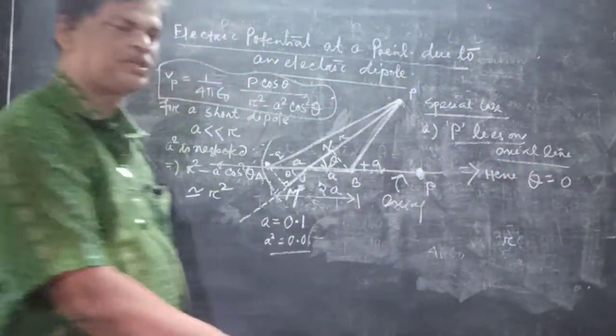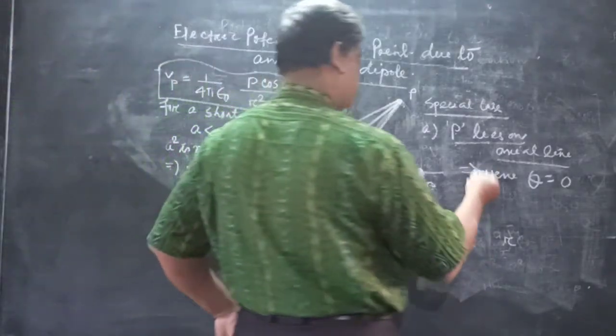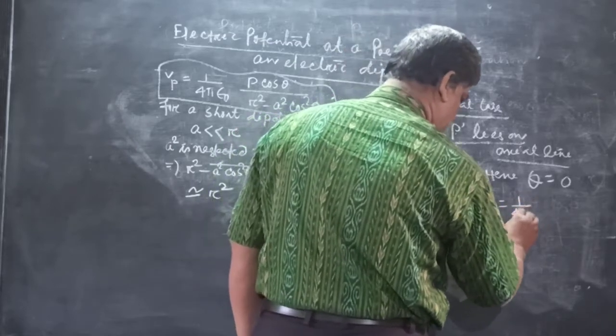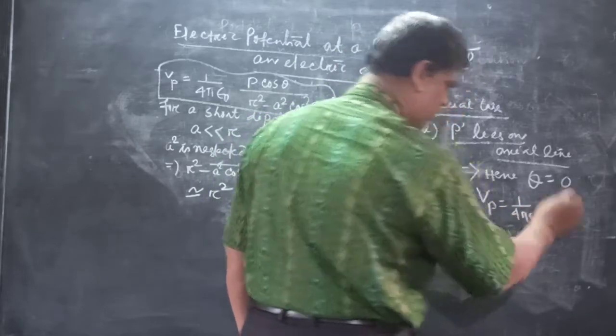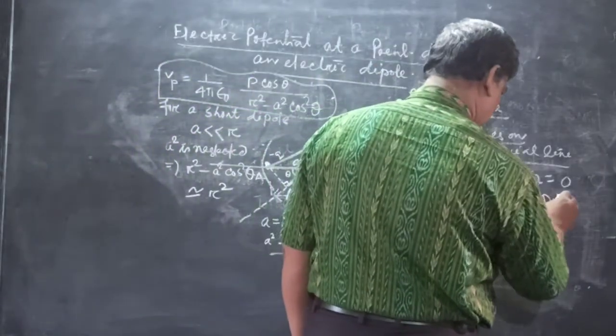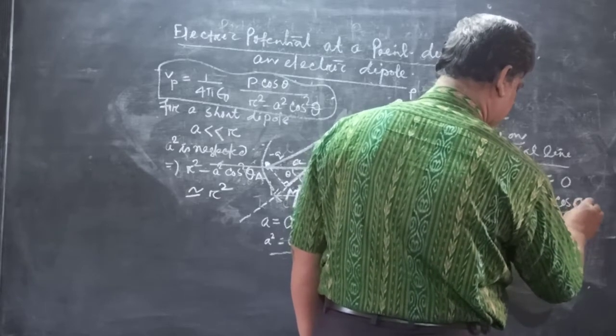If theta is equal to 0, what is the potential due to the dipole? Potential at point P is 1 by 4 pi epsilon 0 P cos theta by r square. So P cos theta means P cos 0 by r square, and cos 0 is equal to 1.